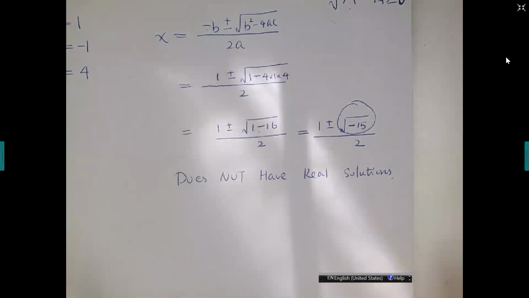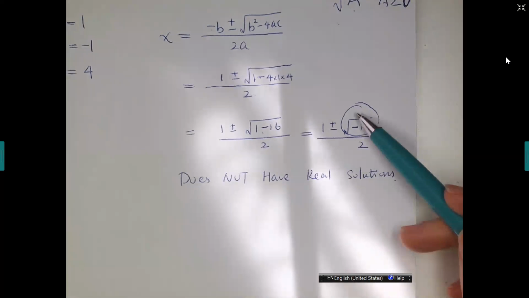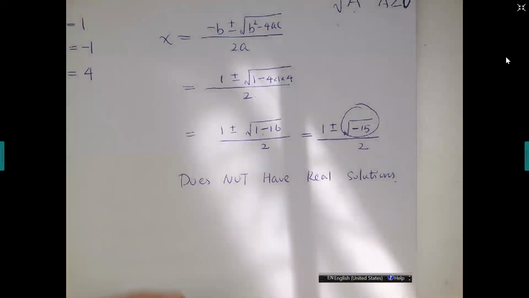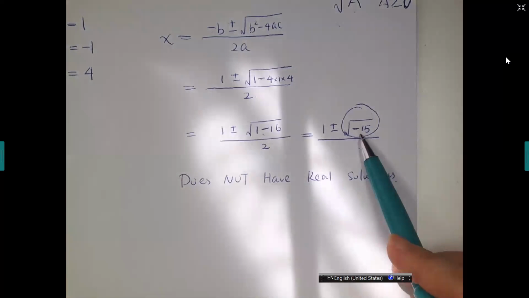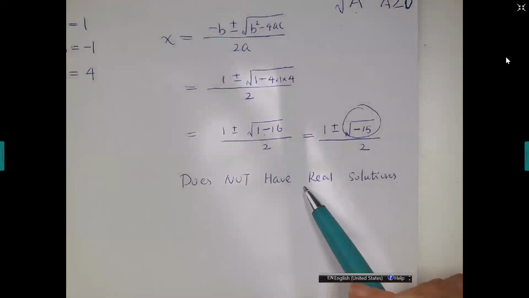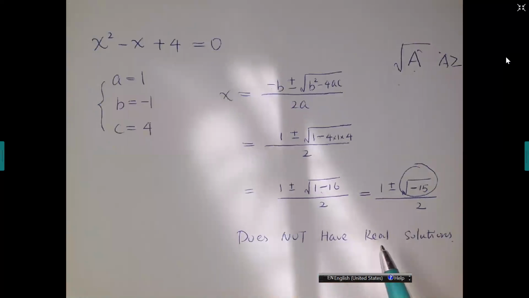So real and imaginary together make the complex numbers. In that case, you will be able to deal with the radical of a negative number. But for the algebra level, algebra 2, we'll stop here. When we see the radicand is a negative number, we'll stop. We don't have to move on at all. We'll see this quadratic equation does not have any real solutions. No real solution. That's it.